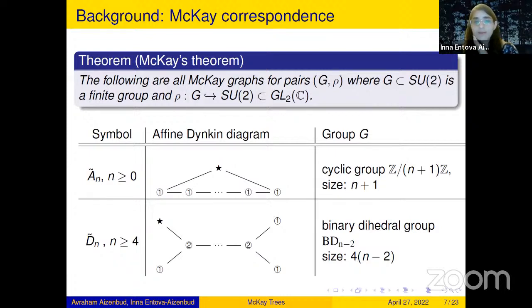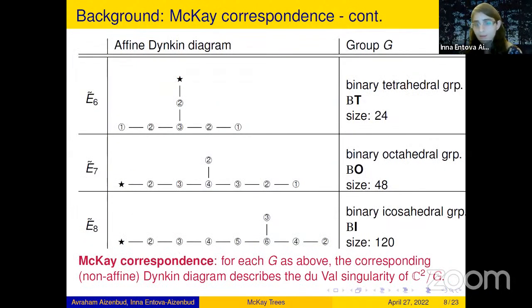And the fact that we get those affine Dynkin diagrams as McKay graphs is actually not just a coincidence, because this is part of the correspondence between finite subgroups of SU2 and singularities of the quotients of the complex plane C2 by those finite subgroups, and of course the corresponding simple Lie algebras.